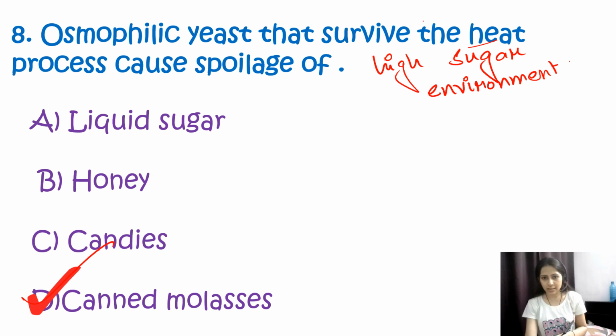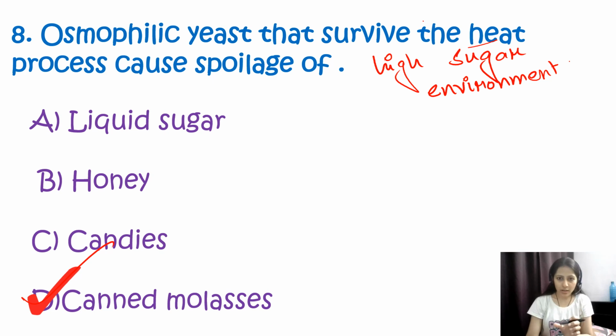and gradually they can spoil the products. Now, we cannot say that liquid sugar, honey, or candies are not affected or spoiled by osmophilic yeasts. Rather, these items are less likely to be heat processed in the same way as the canned molasses.